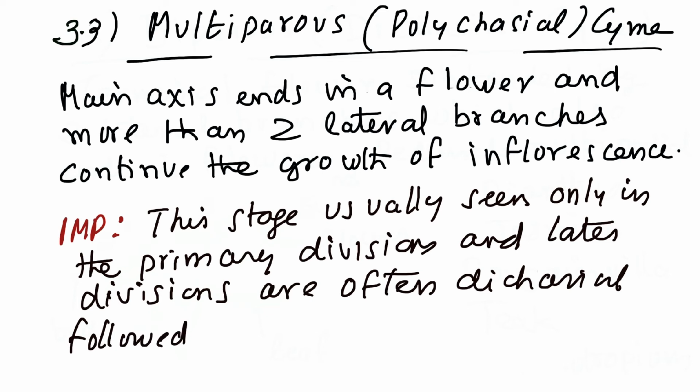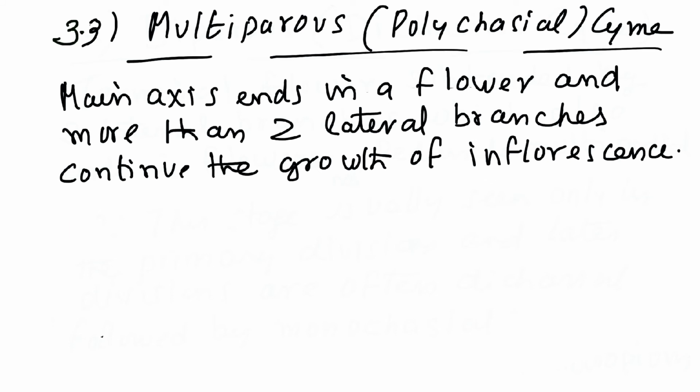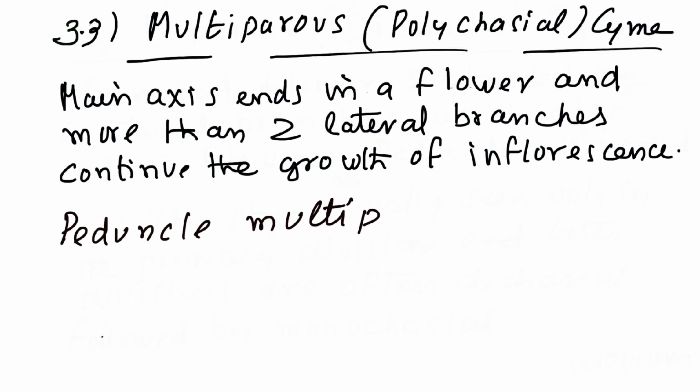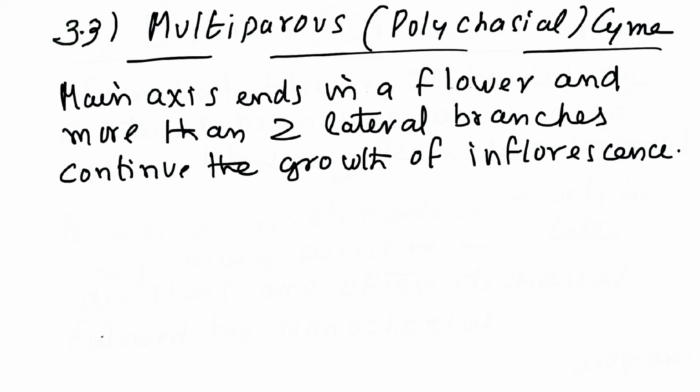So note that point: those plants which have the polychasial type of cyme inflorescence, that development is only in the beginning stage. Later it will be dichasial, and going on it will be monochasial. And a third, no less important point is that the peduncle is multipodial.